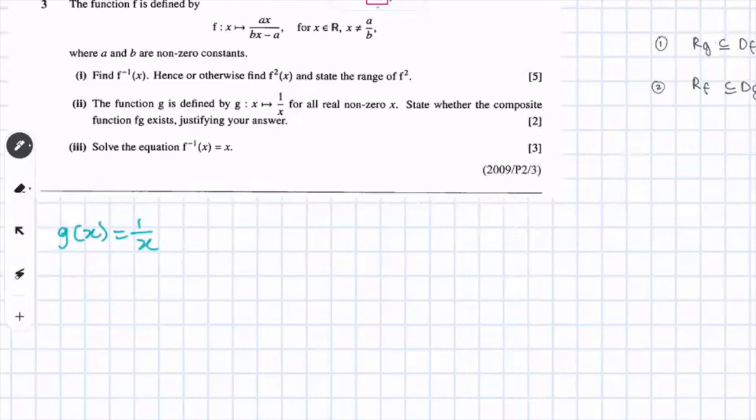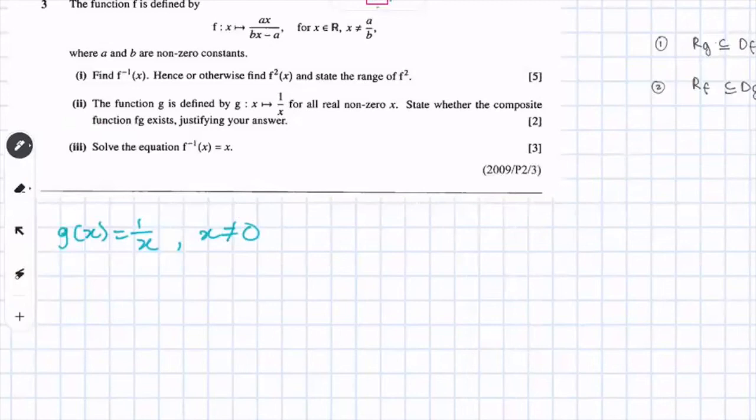For all non-zero x, so x is not 0. So what is the range of G?